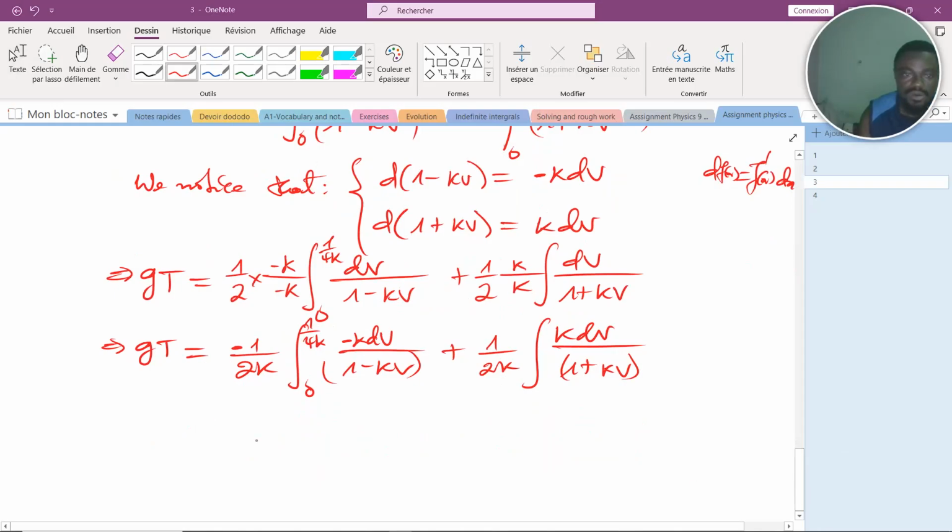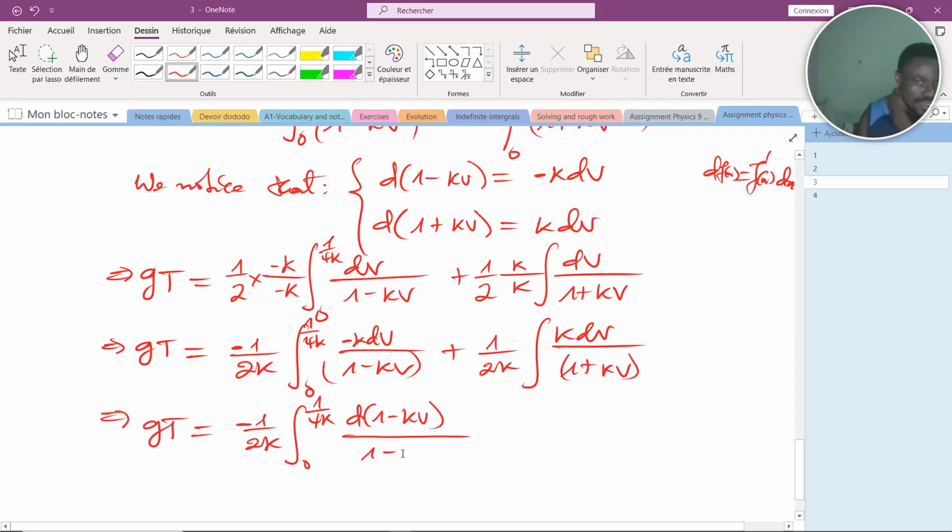So this implies G capital T will be equal to minus 1 on 2k integral from 0 to 1 on 4k of d of 1 minus kv all over 1 minus kv.